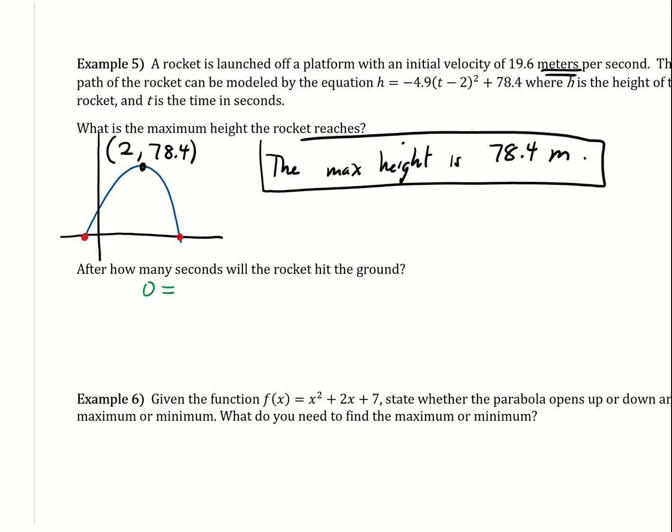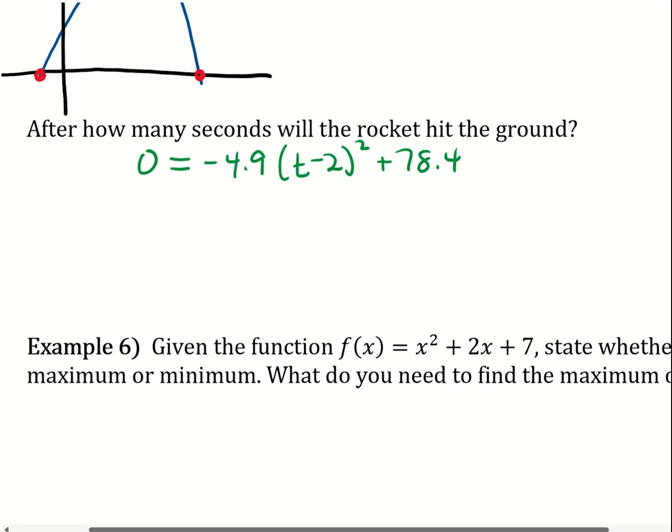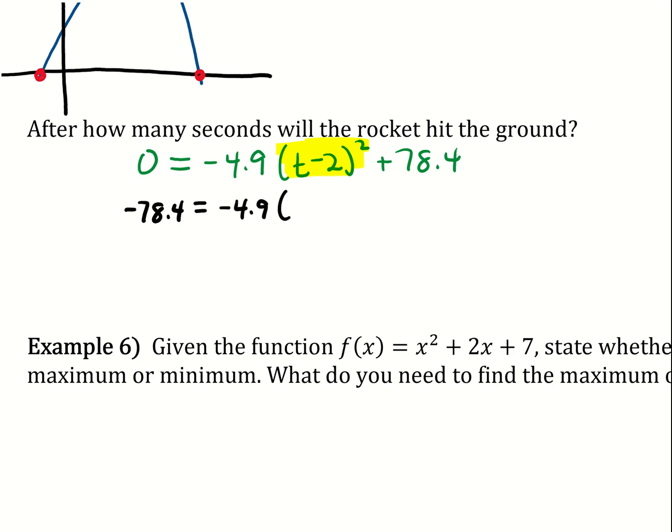0 equals negative 4.9 (t minus 2) quantity squared plus 78.4. It's in vertex form. We can always solve these equations by square rooting. So we're going to go ahead and isolate the binomial squared. That means subtract 78.4. Got negative 78.4 equals negative 4.9 (t minus 2) squared.